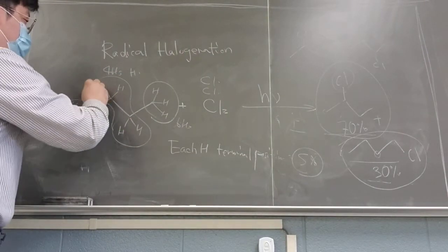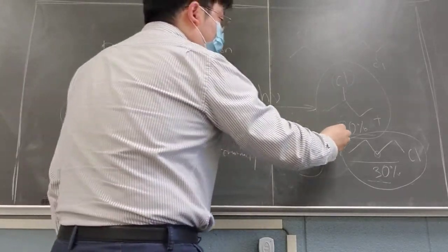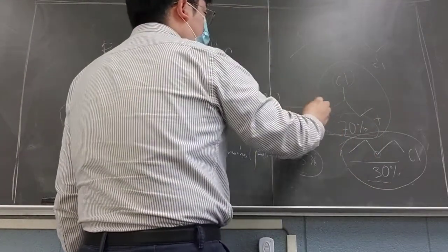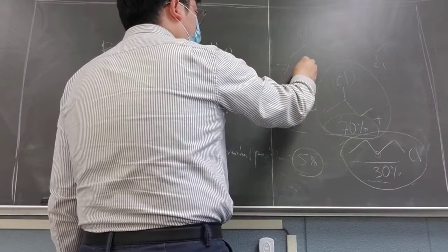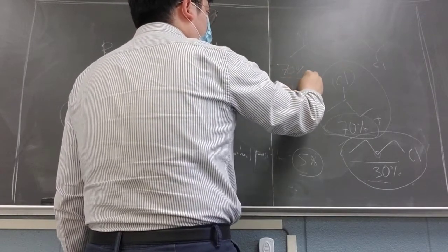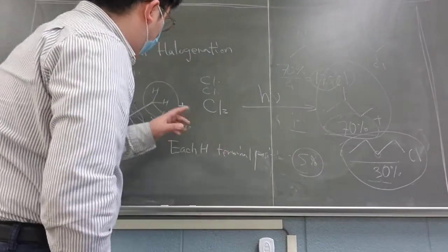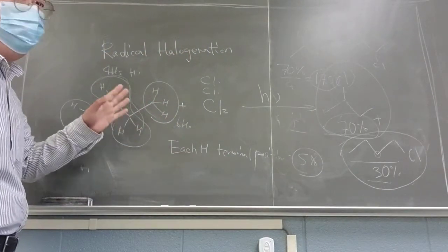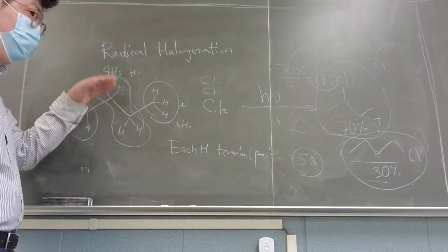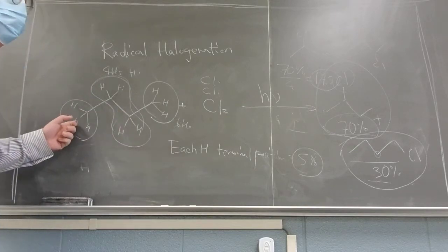But in the inner carbon there's only 4, but you have 70% here. So 70% divided by 4 is about, I think, 17.5. So if you compare, each hydrogen has a 17.5% chance of being halogenated, while this is only 5%.